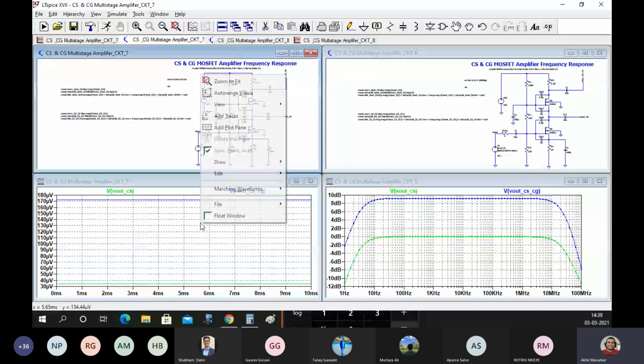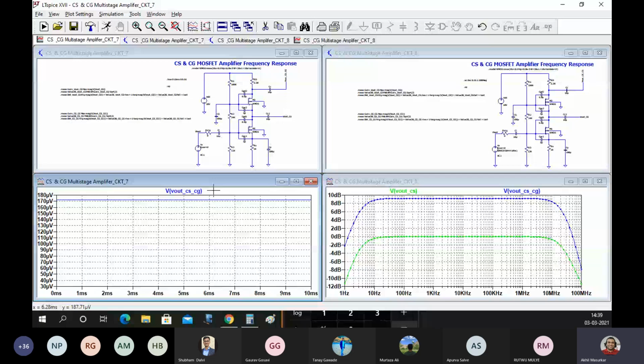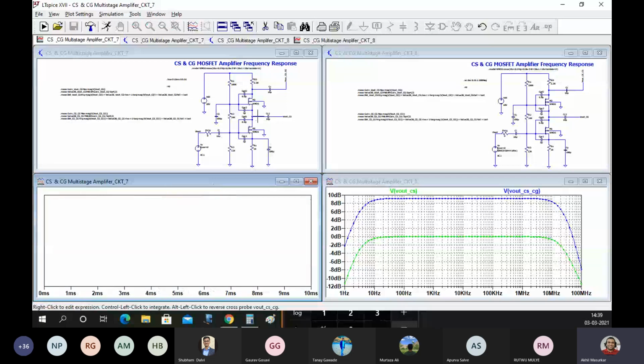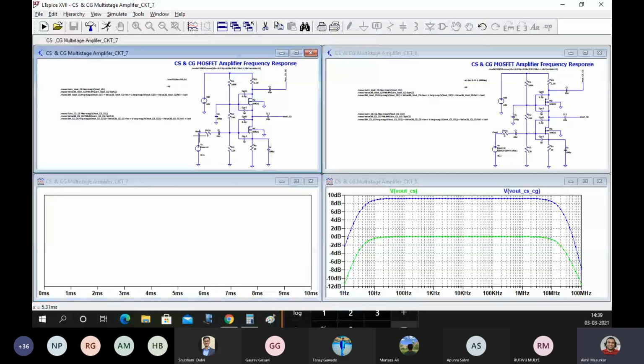So I want the voltage at this point, which has to be a pulse.